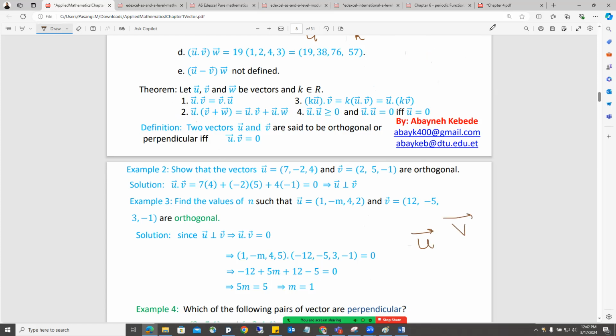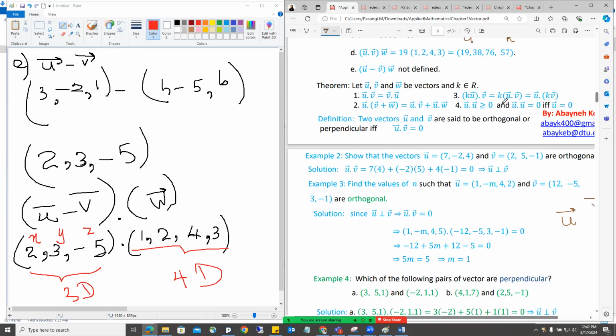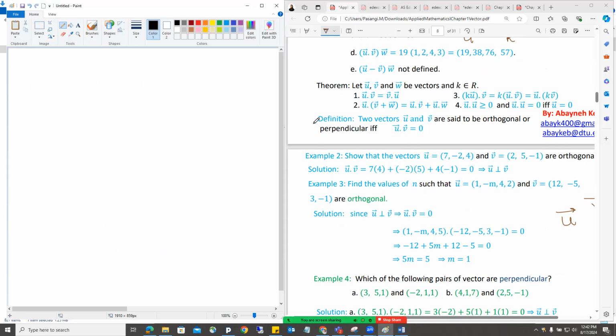Let me write it here. Now on this definition, we have two vectors, vector u and vector v. Vector u and vector v are said to be orthogonal or perpendicular.